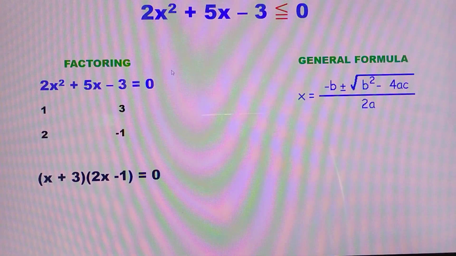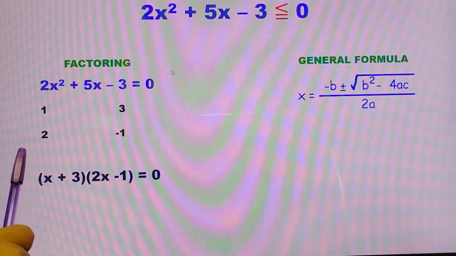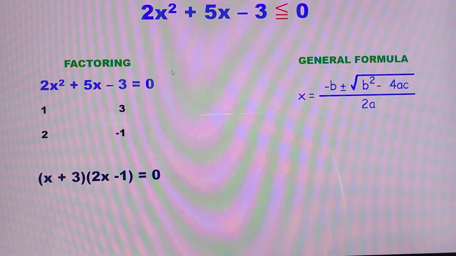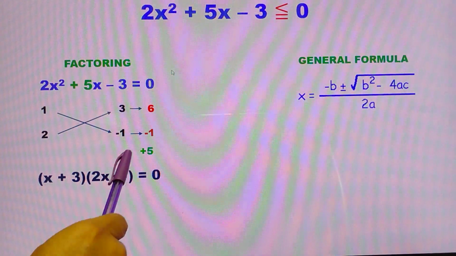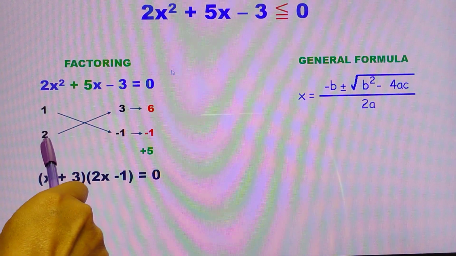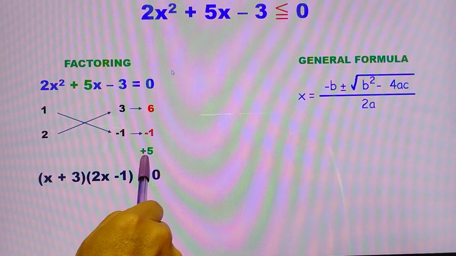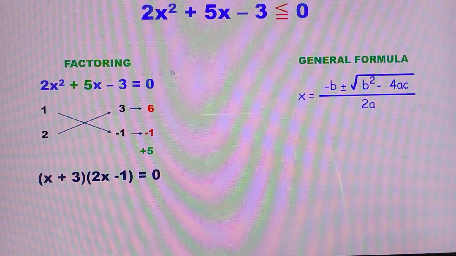So we get those numbers 1 times 2 and 3 times minus 1. The cross product is minus 1. 1 times minus 1 is minus 1, and 2 times 3 is 6. 6 minus 1 is plus 5, the number we needed to find.